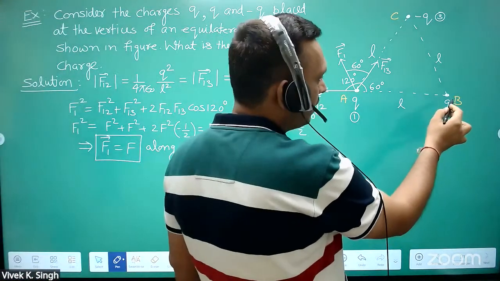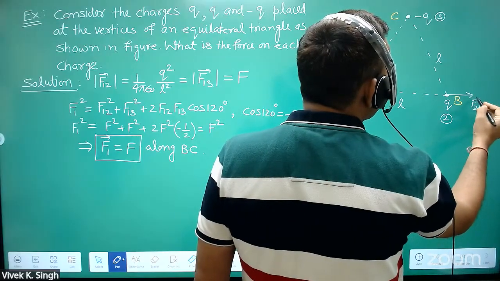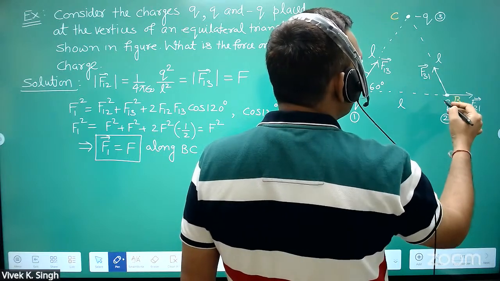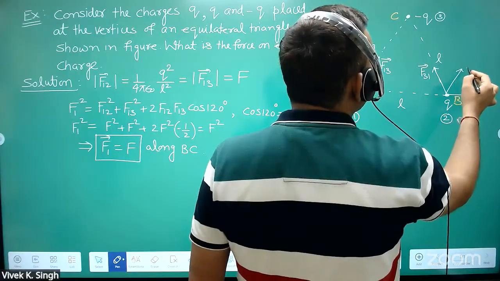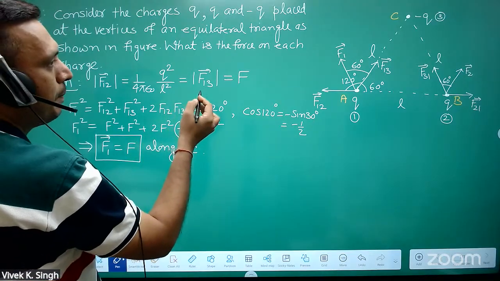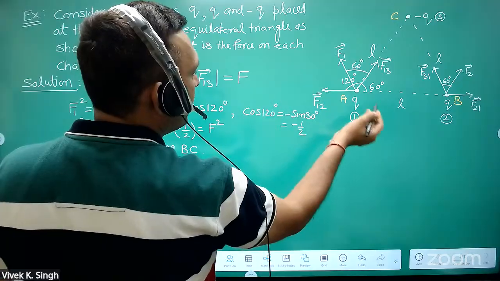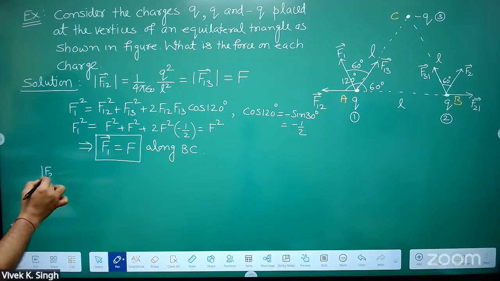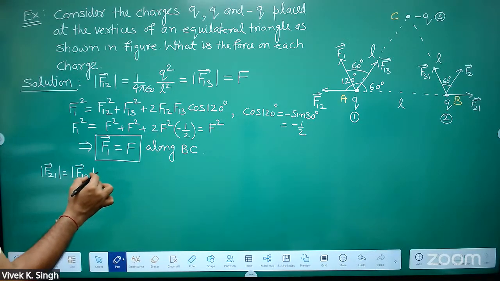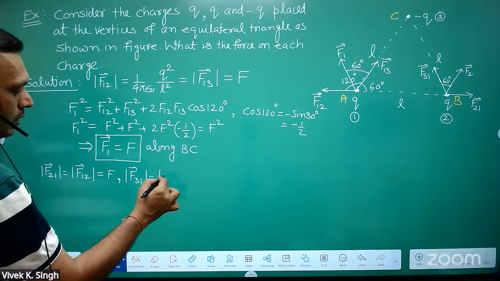Similarly, what will be the force on this one? See, this force will be F21 and this force will be F31, and the magnitude will be the same, and their resultant will be F2, and this will also make 60 degrees. So you will see the magnitude of F21 is the same as F12, that is F, and the magnitude of F31 is also the same as the magnitude of F13.